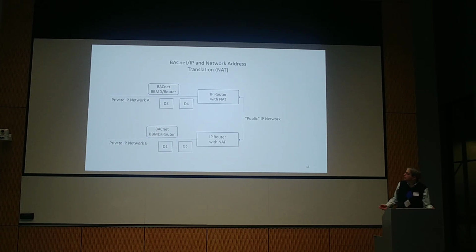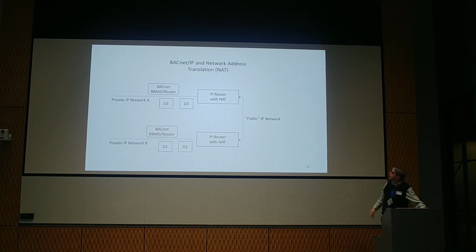So even though the BACnet standard allows this kind of configuration, it's not something that should be, let's say, your preferred option for BACnet IP networks. You do this only when you really have to. There are also security issues here.